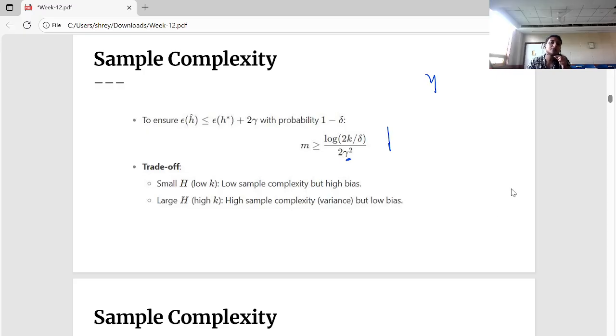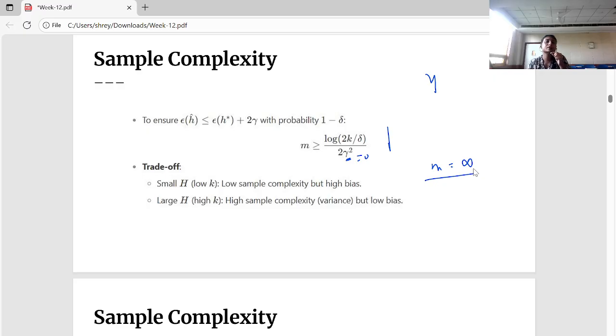Let's say your tolerance is 0. If I want to calculate the exact true error, it means the difference between the empirical error and the generalization error is 0. If gamma is equal to 0, then m becomes infinite, and you cannot have an infinite amount of data. That's why we put some number close to 0, and find out how much data you require.